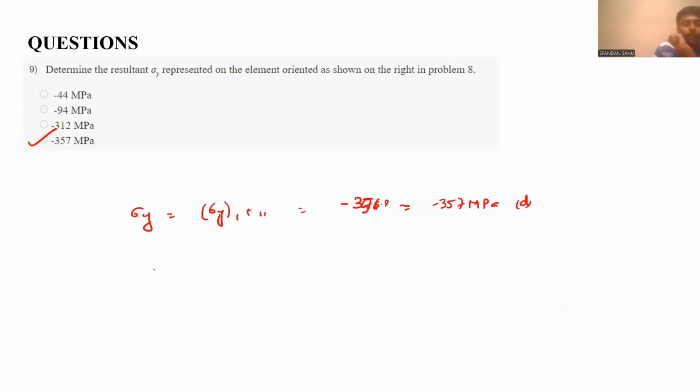And if someone asks for tau xy, tau xy overall will be tau xy from 1 and tau xy from 2.